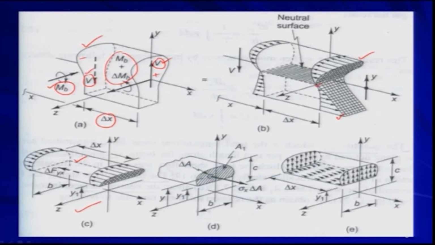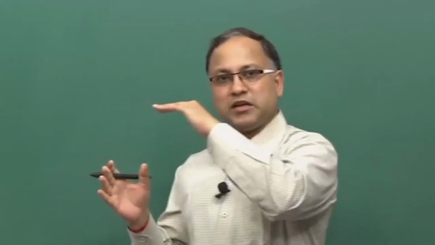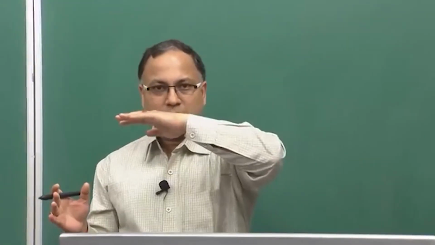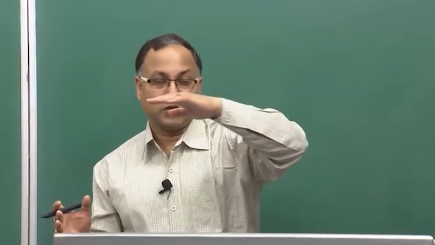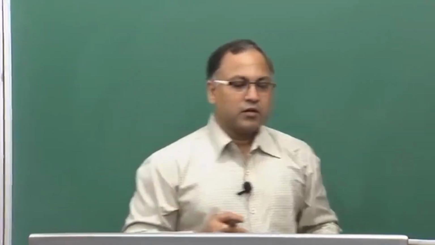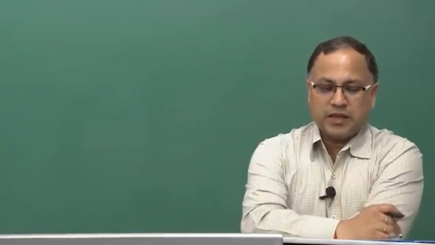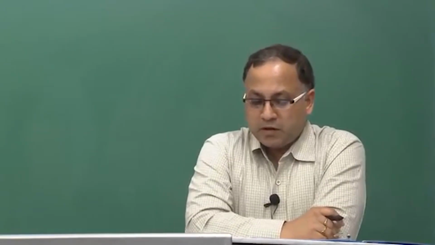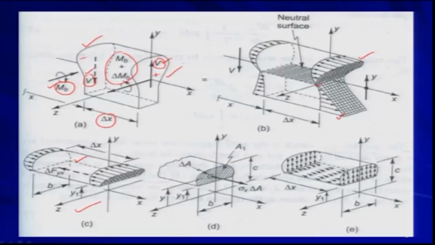So, this is one segment where, if you consider this is a kind of beam, we are cutting a slice along the x plane, along the x axis. Consider the equilibrium of the segment of beam which is obtained by isolating the part of the beam element above the plane defined by y equal to y1.